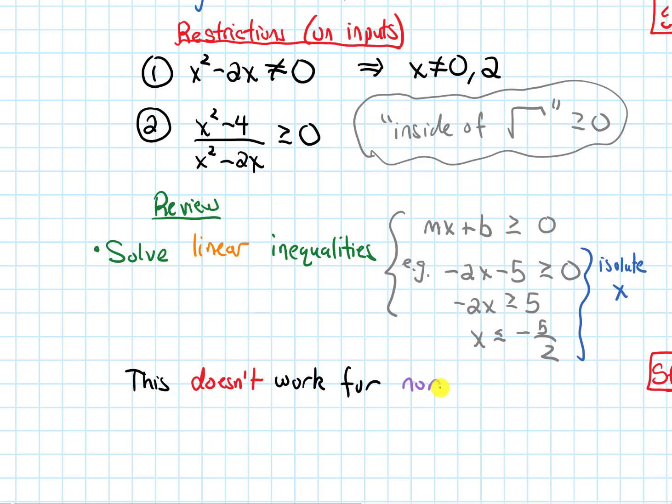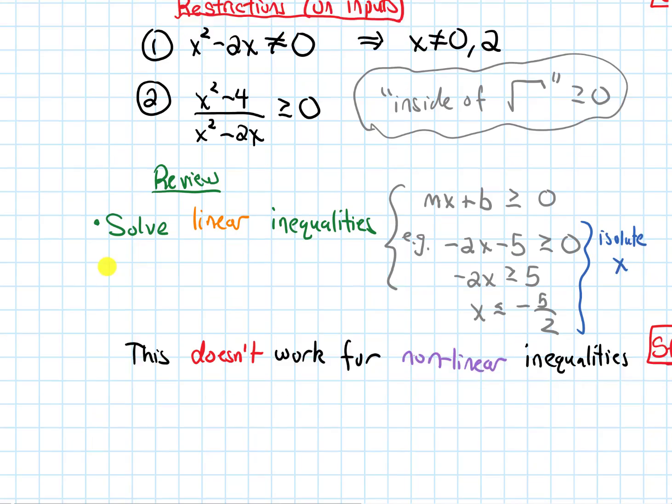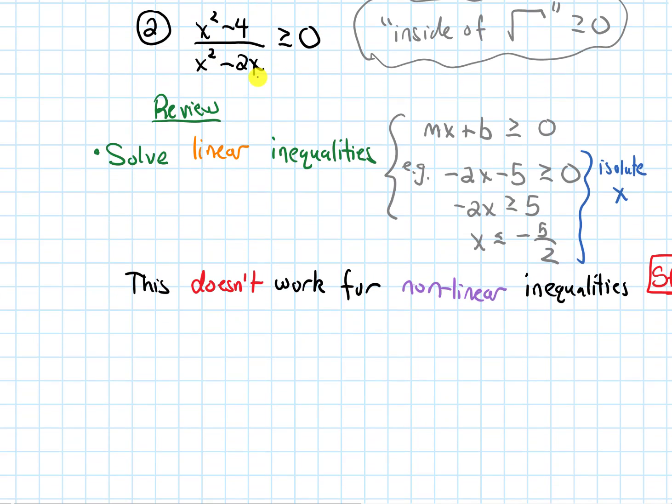So let's quickly look at why. Why would this not work for our problem? So for example, we have (x squared minus 4) over (x squared minus 2x) is greater than or equal to 0.